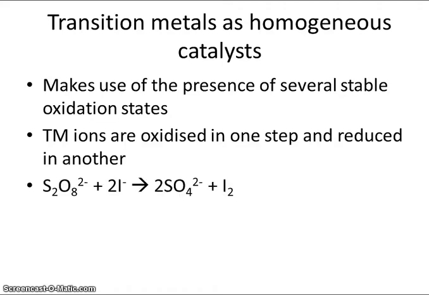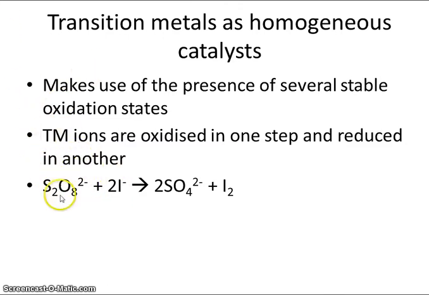So here's a classic example, and it's one that many of you will be familiar with because it's something that is in a lot of textbooks about rates of reaction, and will feature in therefore many of your investigation research sections. It's the reaction between iodide ions and peroxodisulfate ions. So here we can see those two ions reacting together. Now it turns out that that's actually quite a slow reaction.